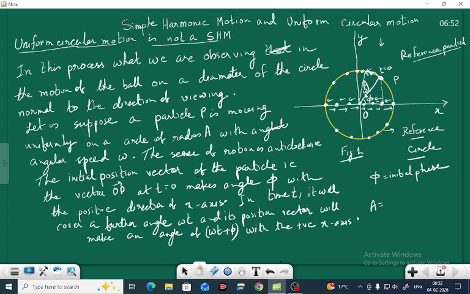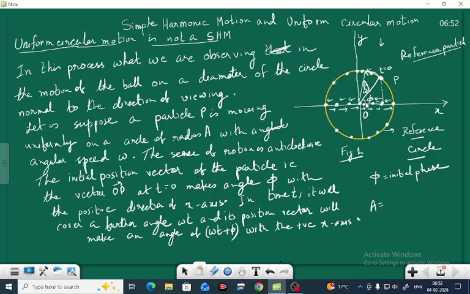So the total angle is omega t plus phi. So the vector will be from here to here, right? So the position vector makes an angle omega t plus phi with the positive x-axis, right?